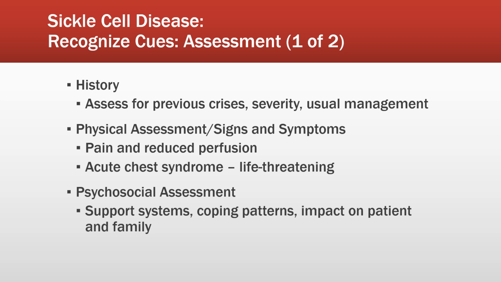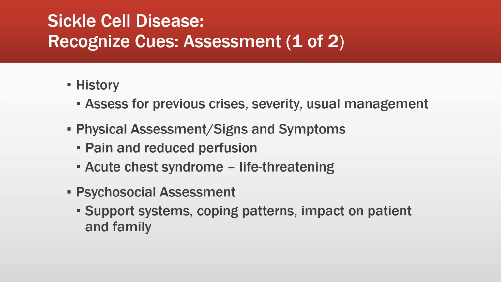Now, usually we do mostly getting history and doing a physical exam, but we also need to look at doing a psychosocial assessment because this is a chronic type of illness, with periods of these crises. So we want to know what is their support system? How do they cope with having sickle cell and during these crises?